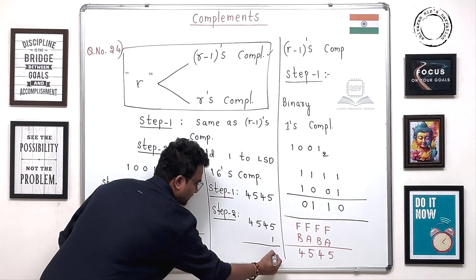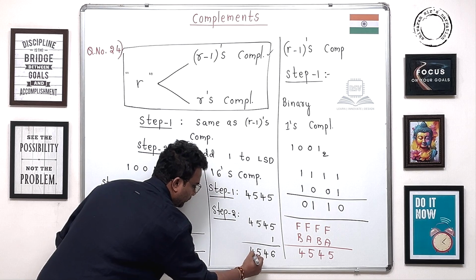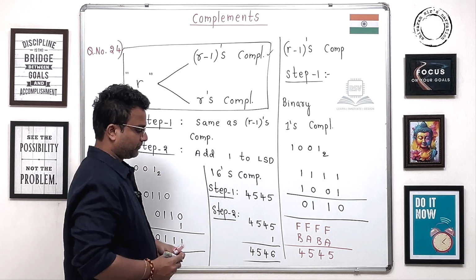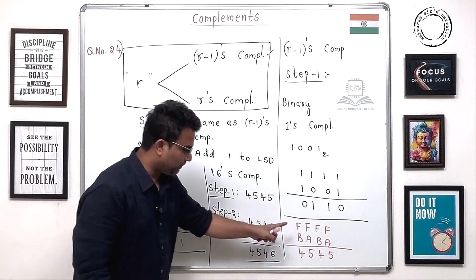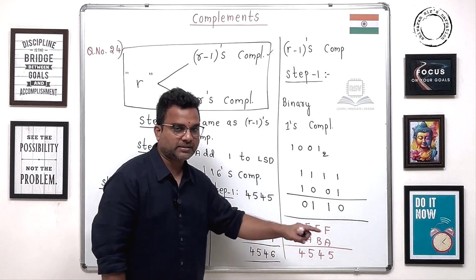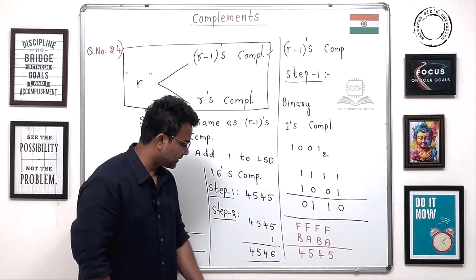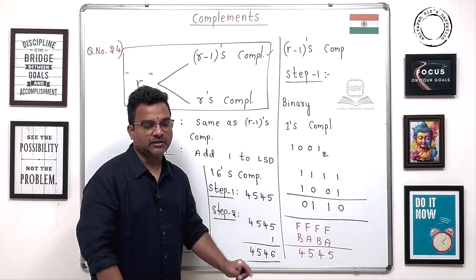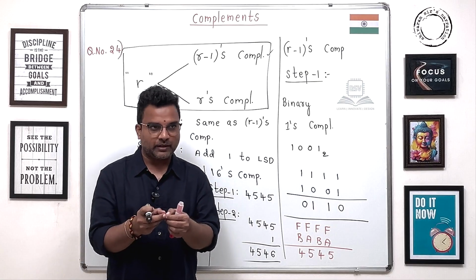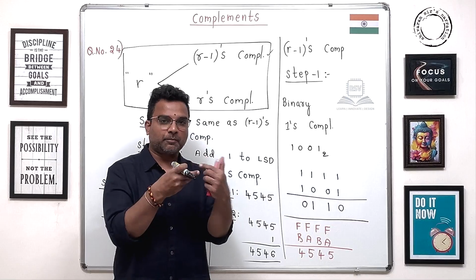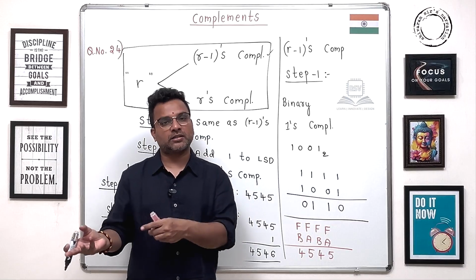Therefore, it is 4546. Hence, guys, the 16's complement of BA base 16 is 4546. This is the procedure to determine the F's complement, that is R minus 1's complement, or R's complement.